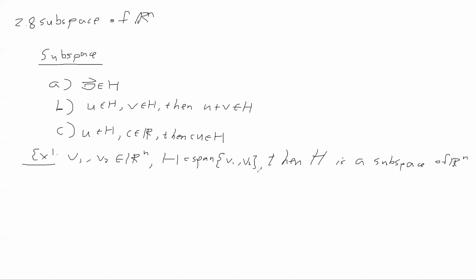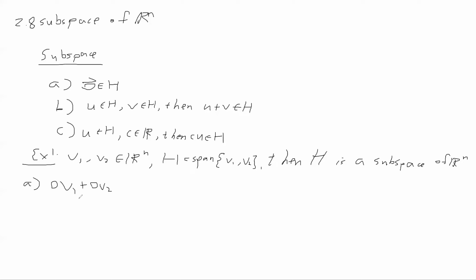And in order to show that H is a subspace of Rn, we just need to show these three properties, right? So first, we want to show that the zero vector is in H. Now, that's very easy, right? We can just do 0 times V1 plus 0 times V2.